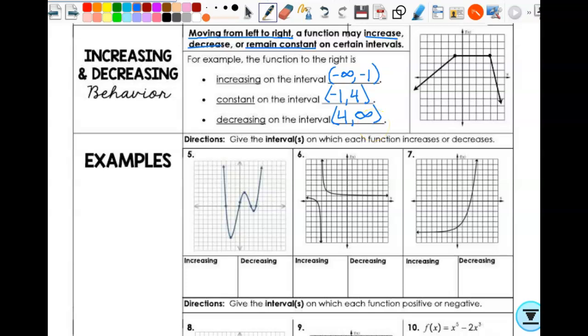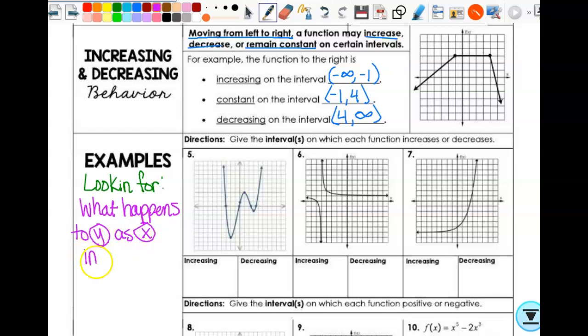So we're going to write a little reminder over here. We are looking for what happens to y as x increases. Okay, that's what we're looking for. What is happening to y as x increases?